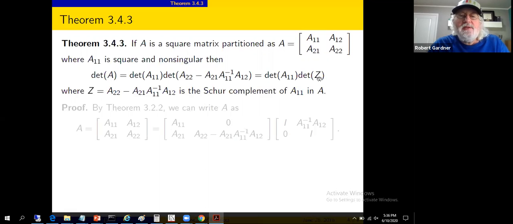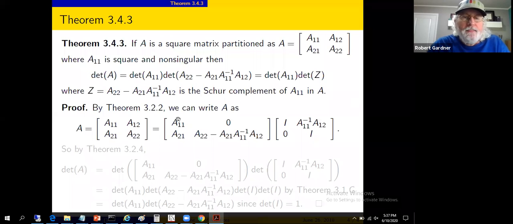So the claim is we can take determinants of a matrix, provided this upper left-hand part is invertible, and compute those determinants using the determinant of the upper left part times the determinant of the Schur complement of that upper left-hand part in this matrix. Okay, we need to recall determinant of the product is the product of the determinants, and that's about it.